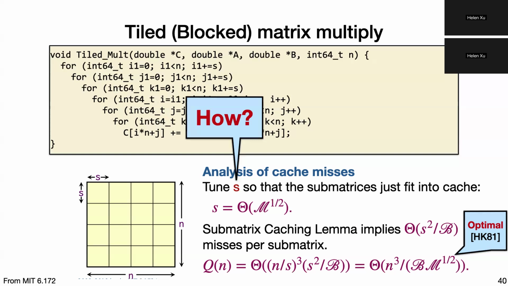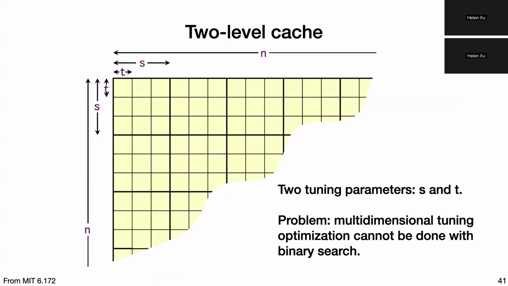Other questions? Yeah. So how do you choose this S correctly? If you know M, it's possible. And if you only need to choose one S, like if your matrices are square and you're doing one level of tiling, it may be possible to choose S correctly. However, there are many issues.